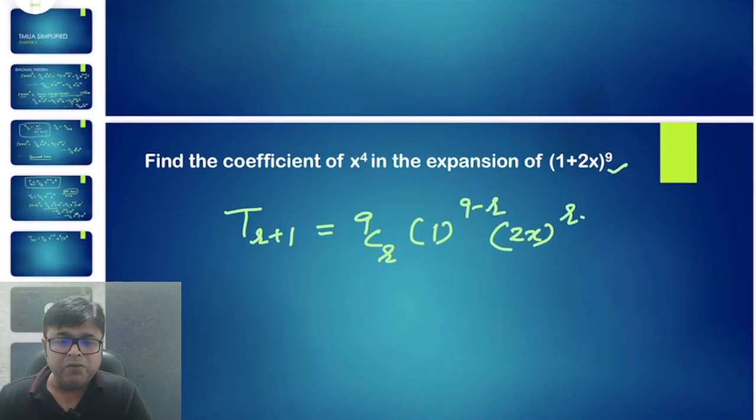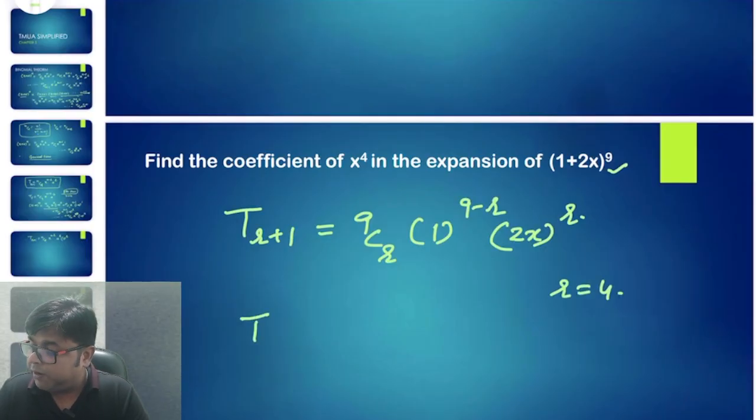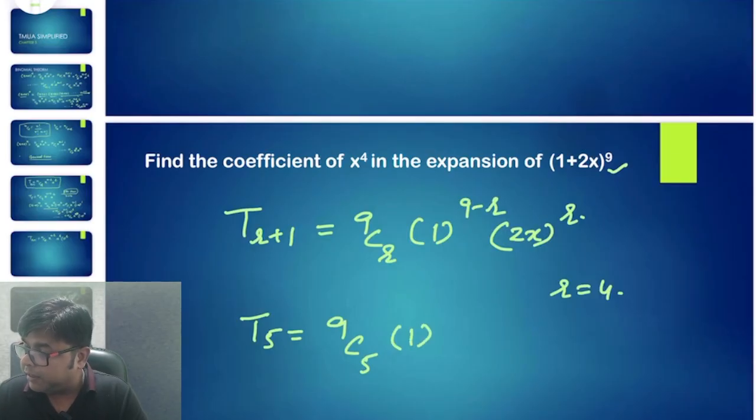Now in order to find x to the power 4, I'll put r as 4. So r as 4 will give me the fifth term of this expansion, which is 9C4 1 to the power 9 minus 4 is 5 and (2x) to the power 4.